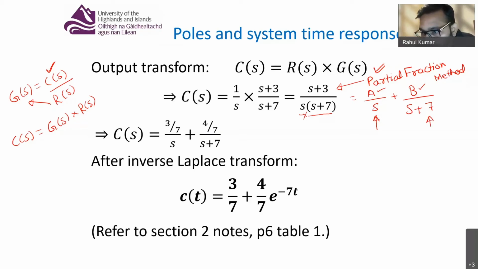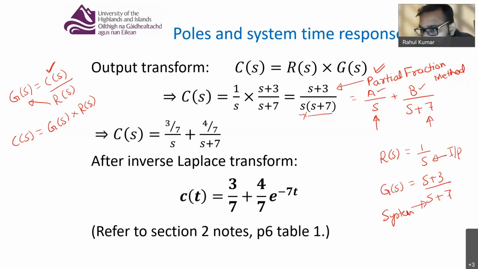So my input R of s was a step input, so its value was 1 over s. And the given transfer function is s plus 3 divided by s plus 7. Now if you note the denominator of the input and the denominator of my system, in the first term, in the denominator I have s, and for input it is 1 over s.